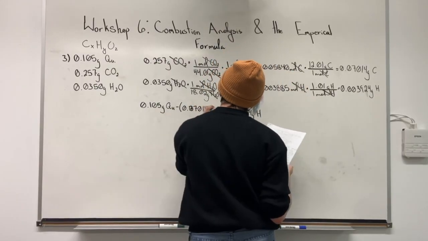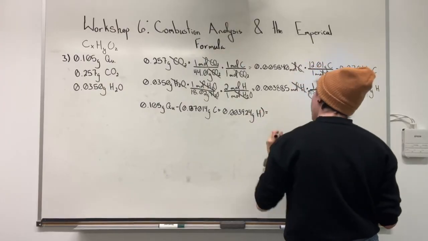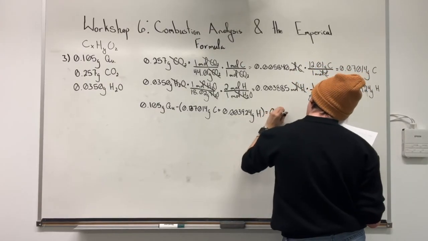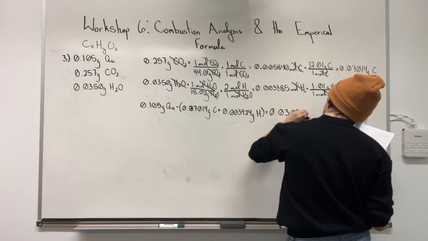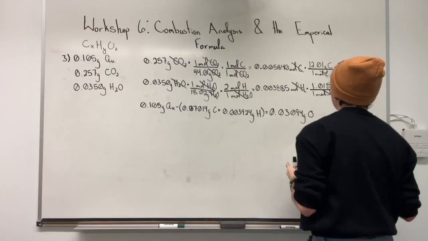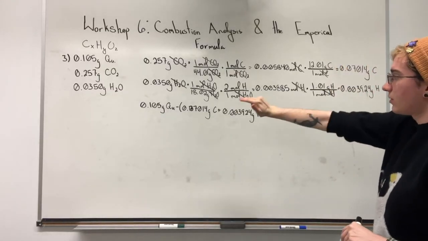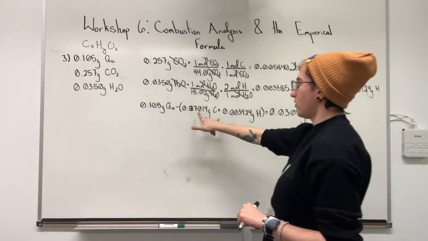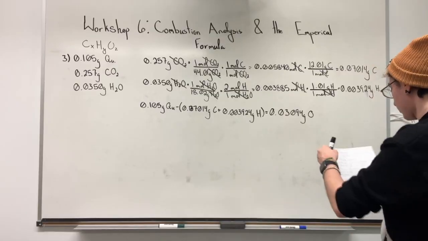I don't like it close together either. There we go. And that would leave us with just the mass of the oxygen. Now we have the mass of the oxygen. So 0.105 minus the combined masses of the carbon and hydrogen to get the mass that's left for the oxygen.